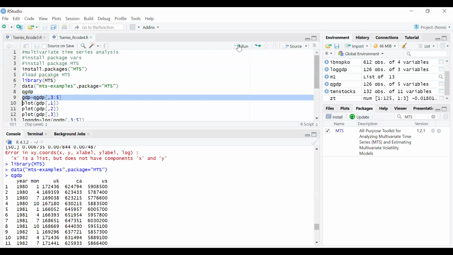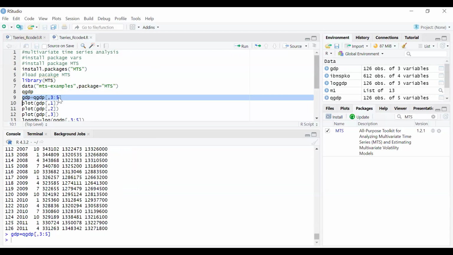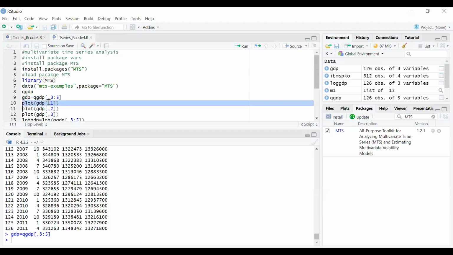Then in the line number 9, from this quarterly GDP data, we extract our time series. You run the line number 9, so that now those month and quarter informations are not kept, but only the time series part is kept separately. This is needed for running the commands.